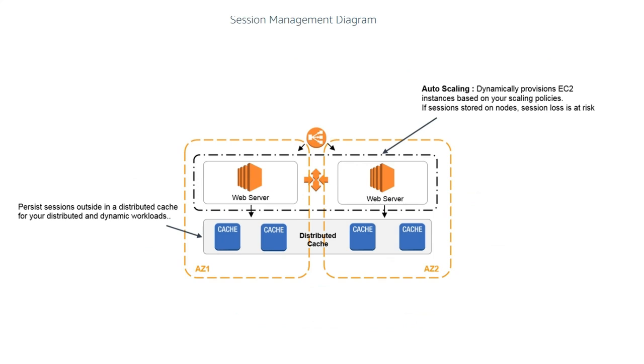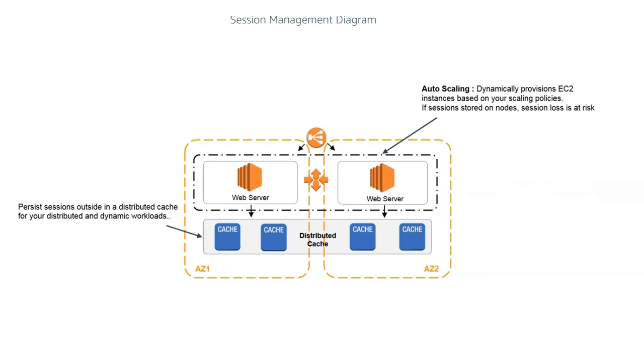You can go through this article and the diagram and the related documentation in your own time. I will provide a link to this article in the video description. But the main point I wanted to make is that if we want to achieve distributed session management, you need to use Amazon ElastiCache to manage and store session data. And this will be our possible answer.